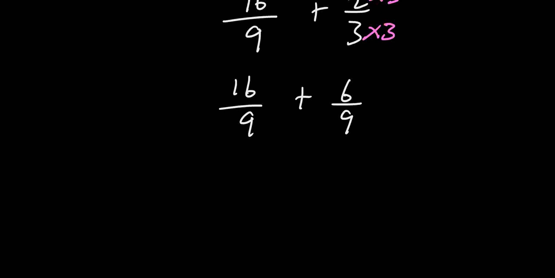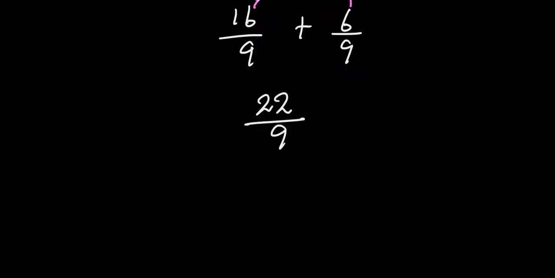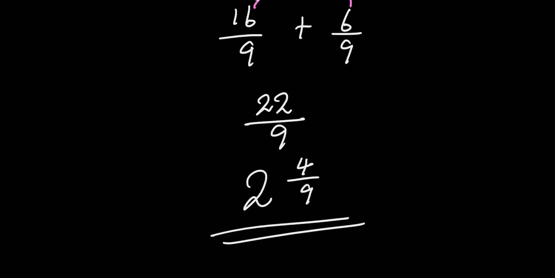So we can now add 16 to 6, and that is going to give us 22 over 9. So this is an improper fraction, so we can change this to a mixed fraction, and this will become 2 and 4 over 9. So this is the final answer to this question, and I hope it makes some sense.